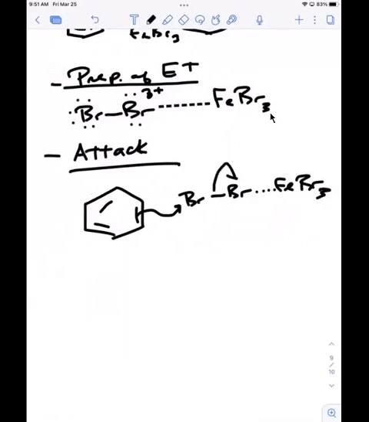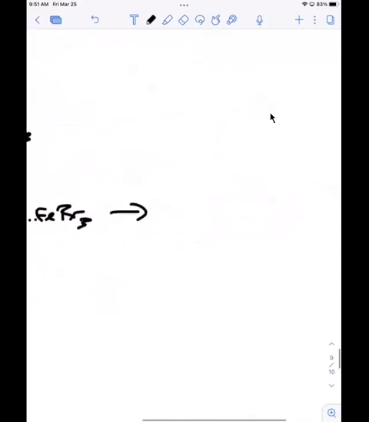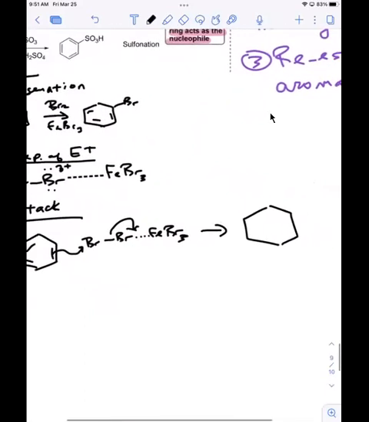So from that, we're going to get this, and this is a very important intermediate that I'm getting ready to show you.